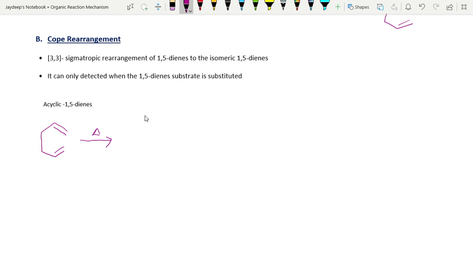What is happening? Again, here also the sigma bond is going to be cleaved. This type of sigma bond is going to be cleaved. Numbering should be there, that is 1, 2, 3, 1, 2, 3. So the bond is going to be cleaved like that, and this bond should be here. And again, it involves a six-membered transition state.